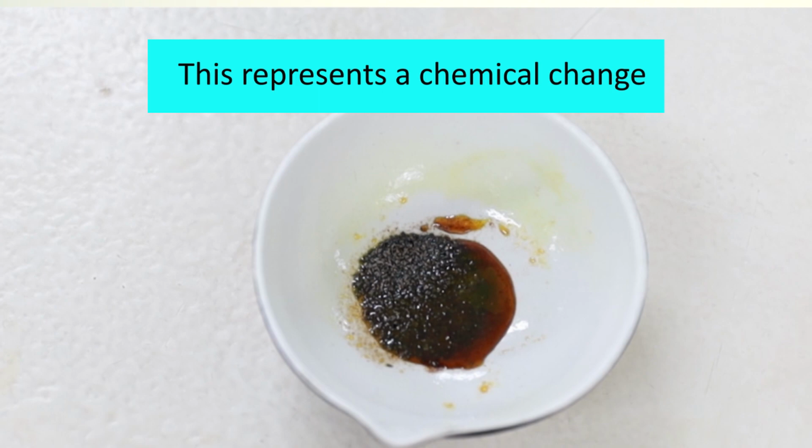Let's see what are the questions that we need to answer. So, we're asking what type of change occurred when the iron filings and the sulfur were mixed. We are calling this a physical change. Why? It is reversible. We can get back the iron by using a magnet.